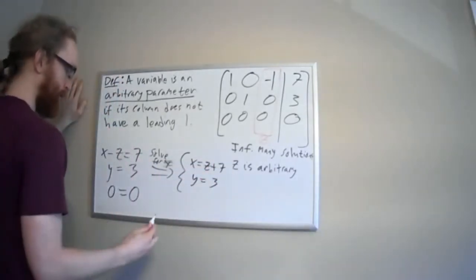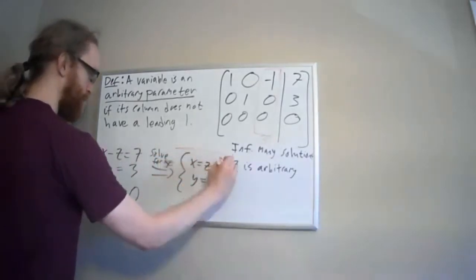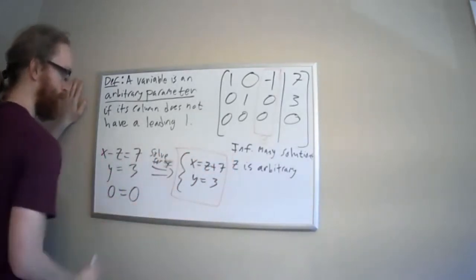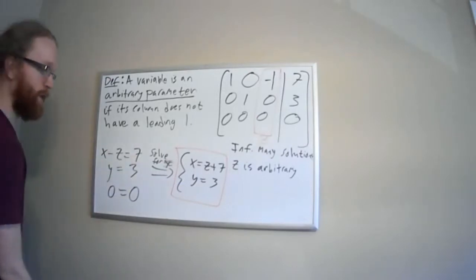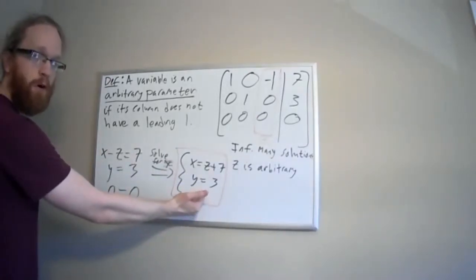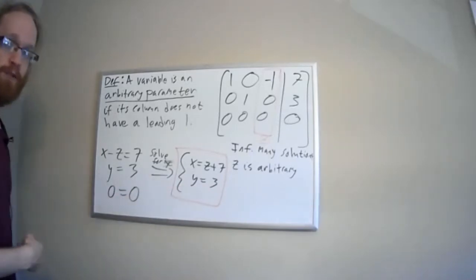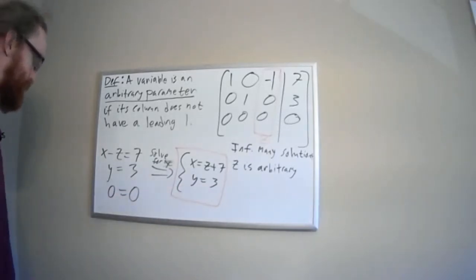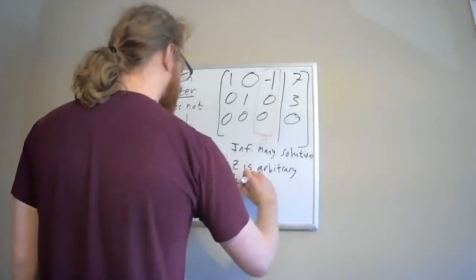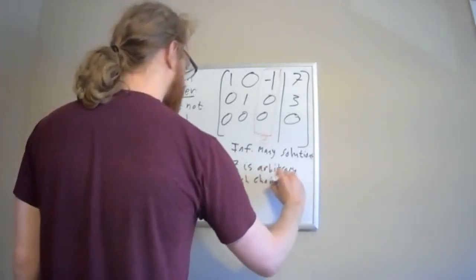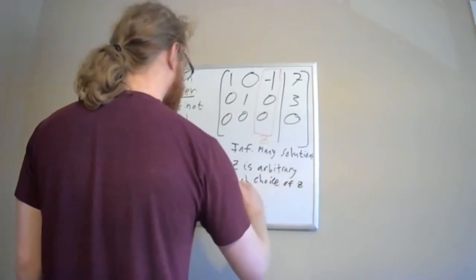Okay. So this right here, where I've sort of got the arbitrary parameter to the other side of the equation, this represents all solutions to my original system of equations. So I'll write here, each choice of z gives a solution.